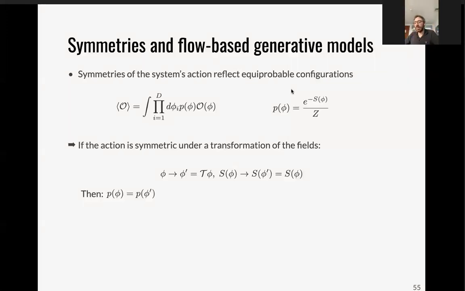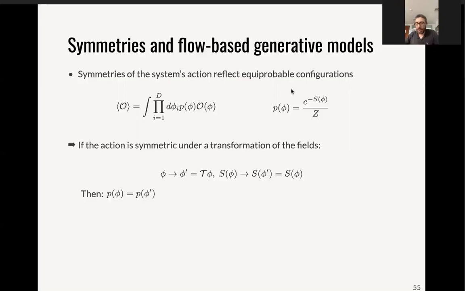We just discussed that you basically have some arbitrary network, and then you tune it so that p tilde is close to the action. One thing we did not discuss at all is symmetries, and maybe we didn't even need to, but it seems like they do make some difference.